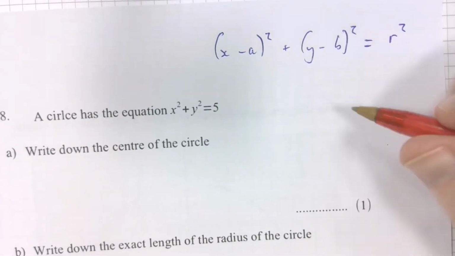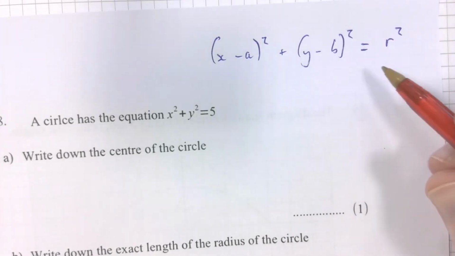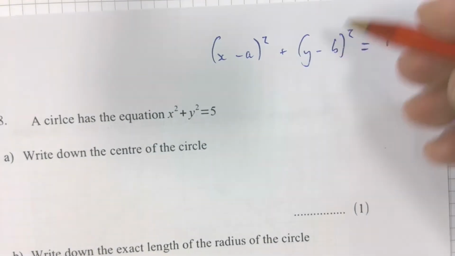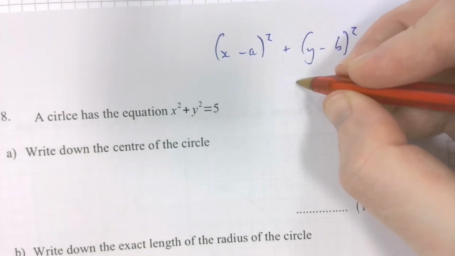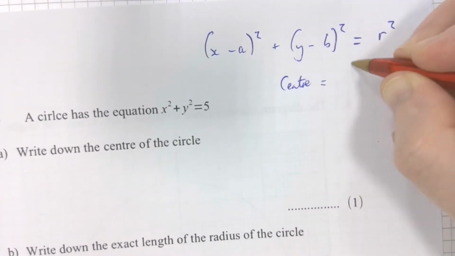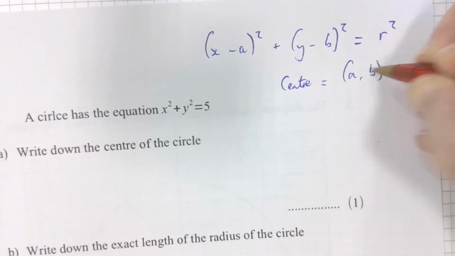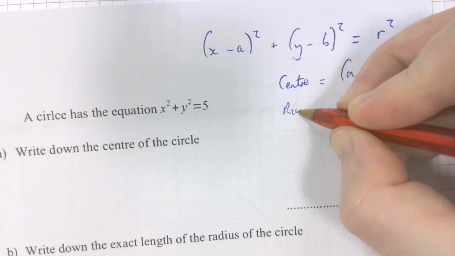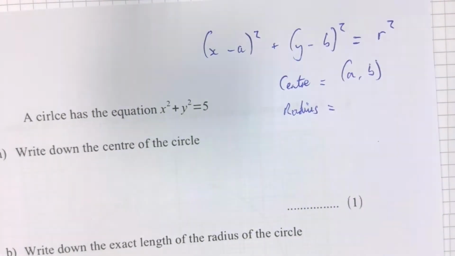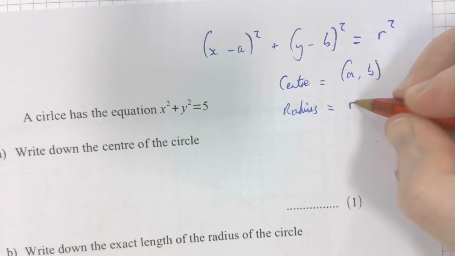It's basically a version of Pythagoras' theorem applied to the points around the centre of a circle, where the centre, the middle coordinate of the circle, is (a, b), and where the radius, the length between the middle of the circle and the outer edge, is r.